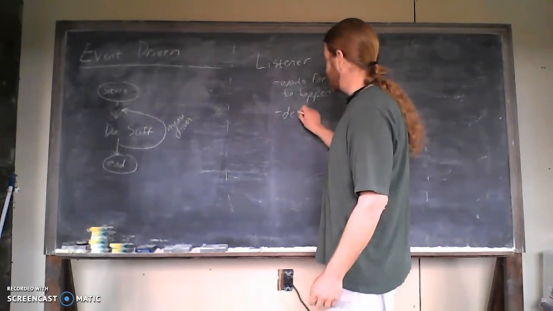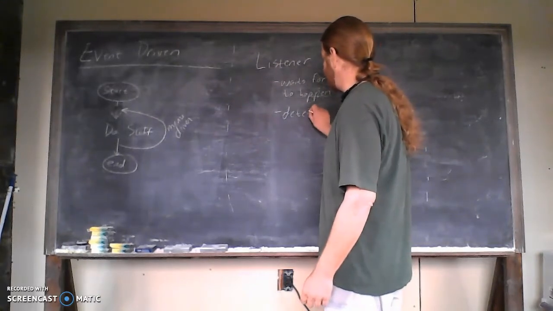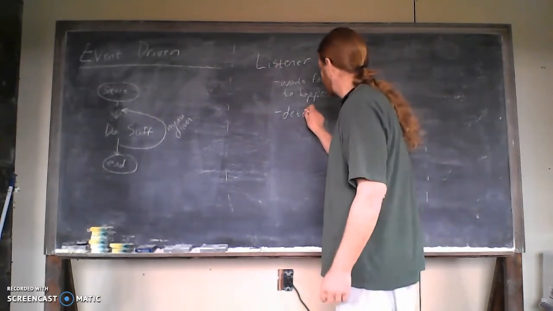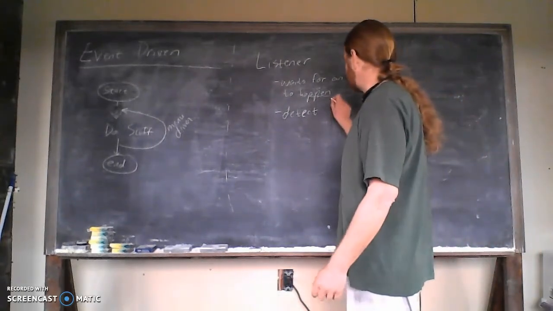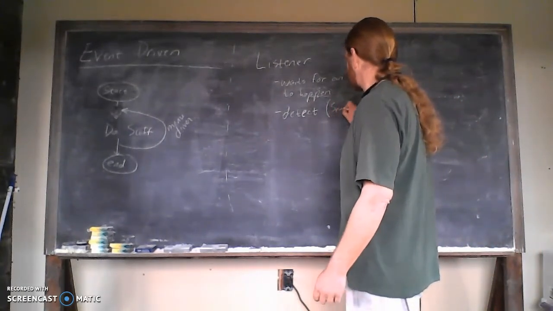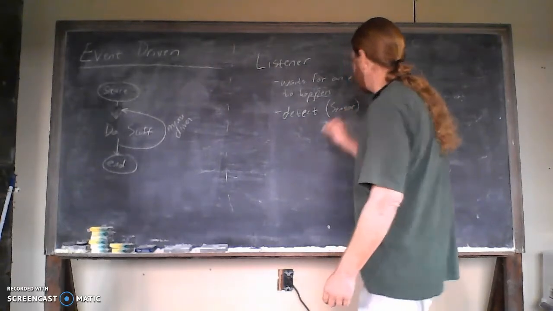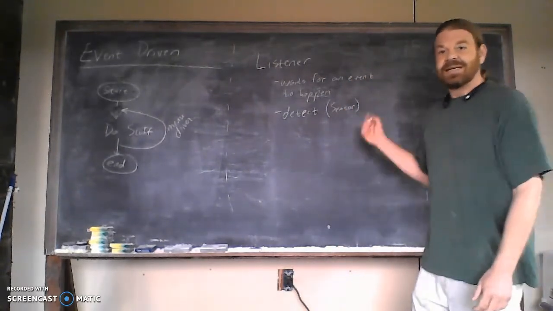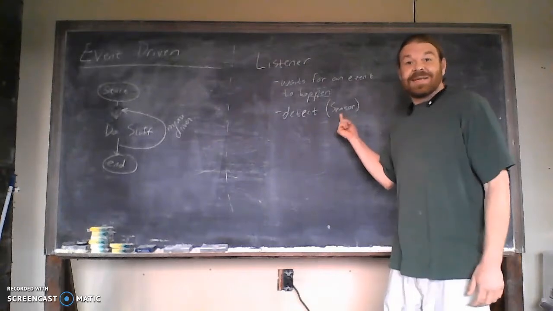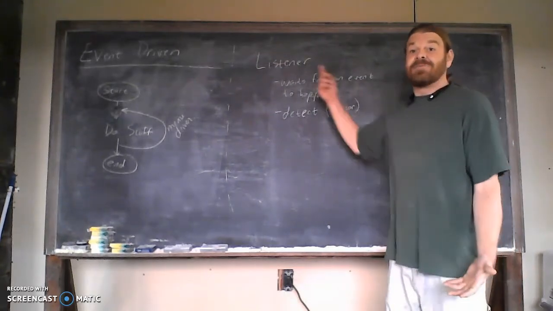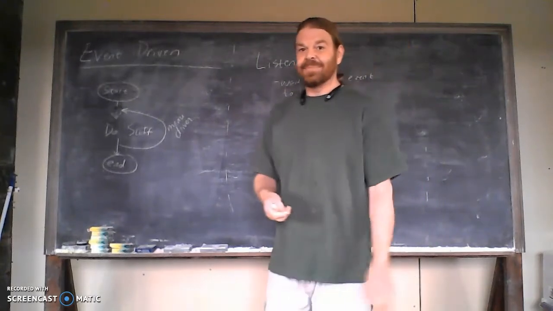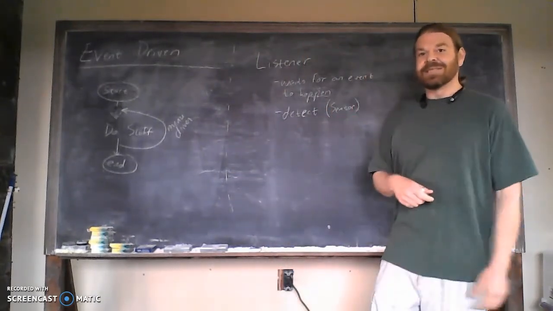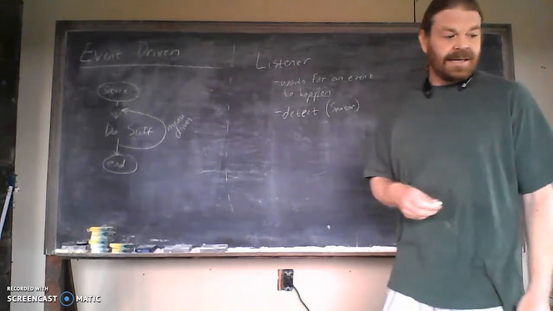Which is just a detect thing, to detect an event. I'll put the word sensor in parentheses. I like to use that because that's kind of what it is, but it's a virtual sensor. A sensor kind of indicates the mechanical component that's sensing it. But a virtual sensor is what a listener is.